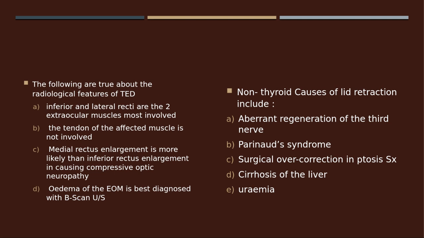Surgical overcorrection in ptosis surgery. True, iatrogenic. Cirrhosis of the liver. It's true. You don't remember from your medicine that lid retraction is one of the features of cirrhosis? Cirrhosis of the liver and uremia are both causes of lid retraction. Okay?